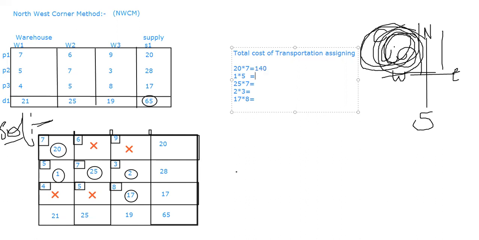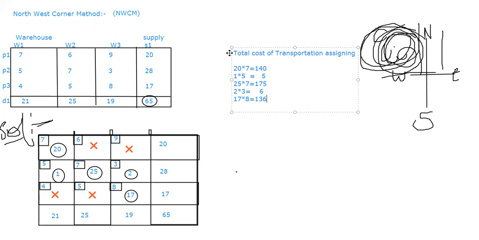140, right? Then second one, 1 into 5 is equal to 5. Then 25 into 7 is how much? 175. Then 2 threes are 6. Then 17 into 8 is equal to how much? 136.